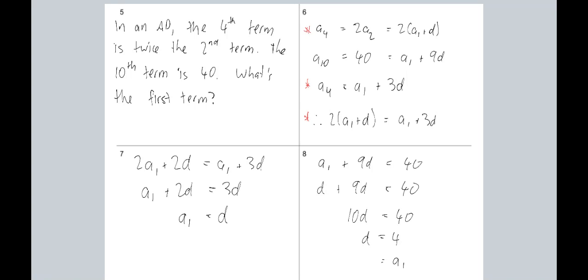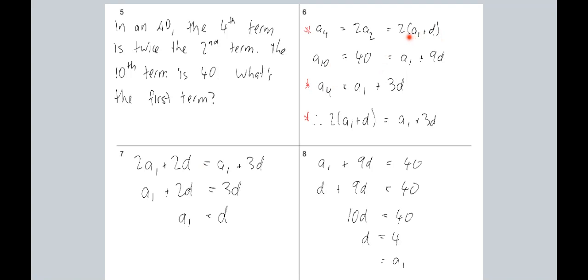Okay, does anyone have any questions about that before we get you onto booklet work? Hannah: Like, how did you know that this term was...? In slide 7 here, we linked the fact that this was A4, twice A1 plus 2D, so it's basically that.